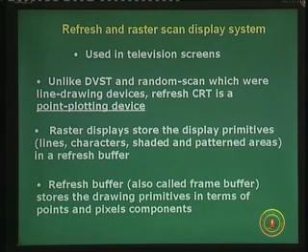In the case of refresh buffer or frame buffer, we essentially store the point coordinates and the pixel intensity values for each drawing primitive, and a typical example of these drawing primitives, as you can see on the screen in the second line, says that the primitives are lines, characters or shaded and patterned areas. So, this is then essentially the difference between the DVST and random scan on one side and the refresh or the raster scan on the other side.